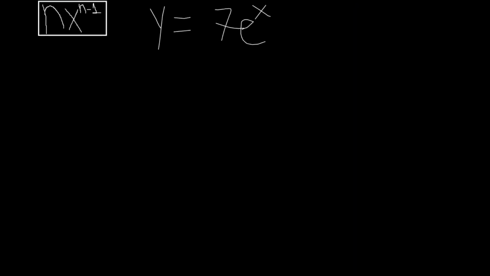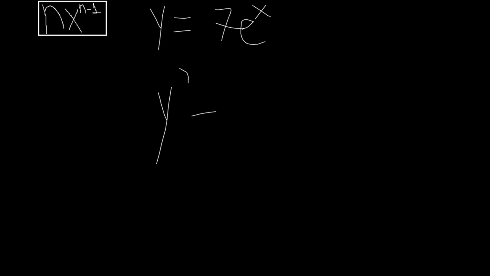Now, let's take a look at this example. Right away we see an exponential, right? We see the use of an exponent. However, this is not an integer. This is a variable, right? But it's especially important to note that you have e to the power of x, which means that any time you find this, the derivative of e to the power of x will remain the same.